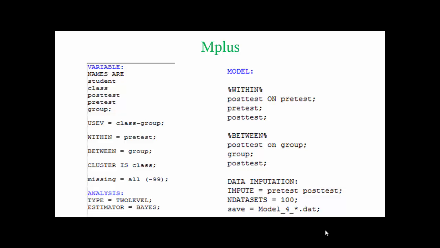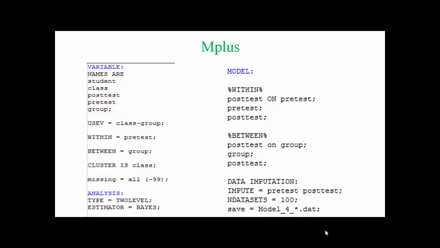You want teacher information, you want student information. There's a command called type equals complex two-level, where you declare school as a complex variable, and complex means I want to ignore it, but I don't want to bias my parameter estimates because I'm only interested in teacher or student.